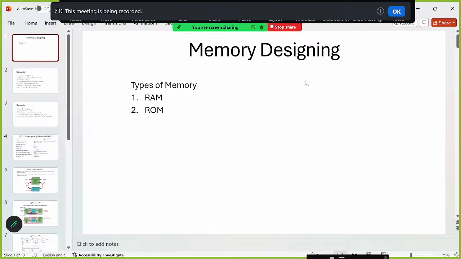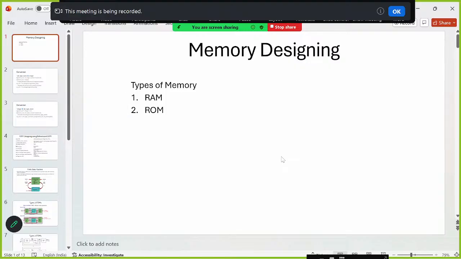In general, memory is classified into two types. One is called RAM and another is called ROM. So in this course, we'll focus on these two memories.